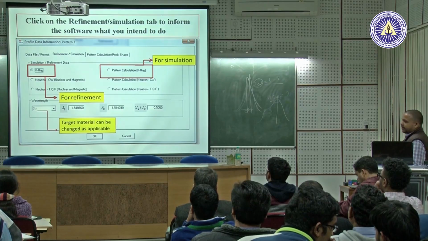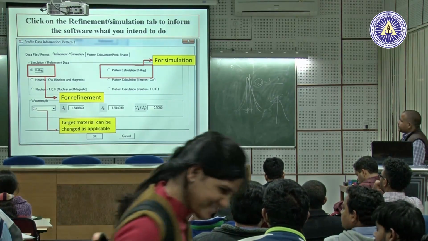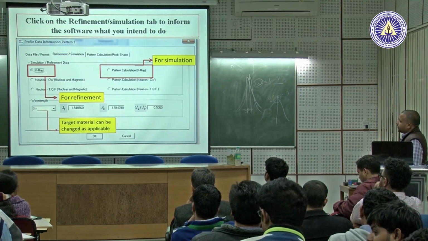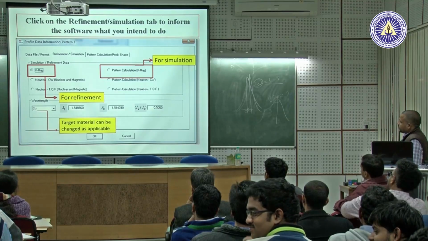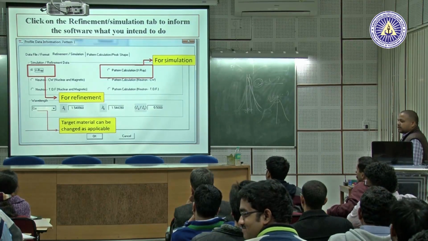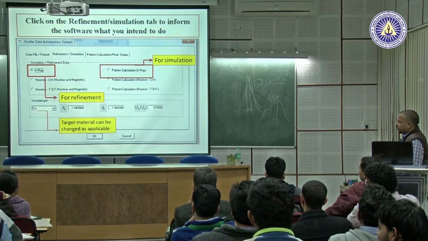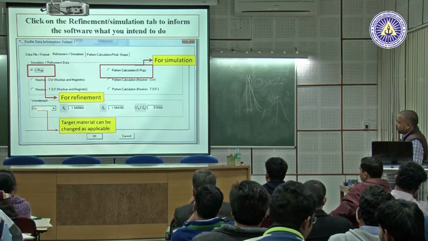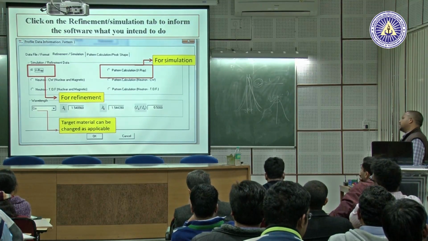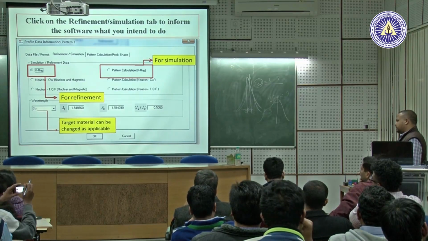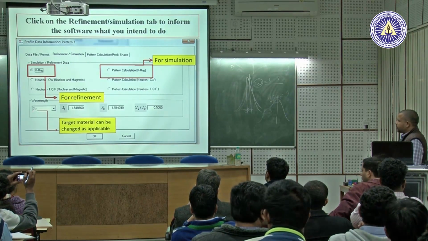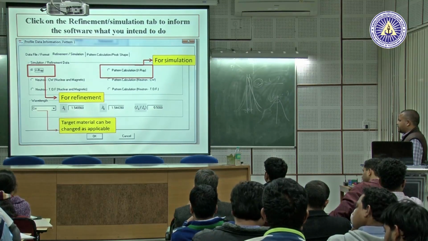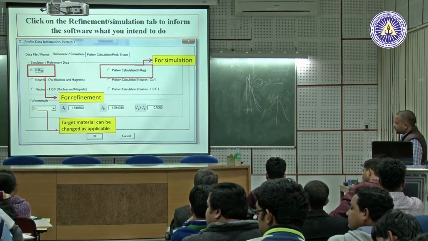If you click here, all the profile data will be simulated, and if you click here, you will do it manually. The wavelength of the X-ray target, like copper or cobalt, will come out here according to the respective target. It is already included here, but if you are using some other wavelength that is not here, you can use user define and put your wavelength here, and here the intensity ratio.